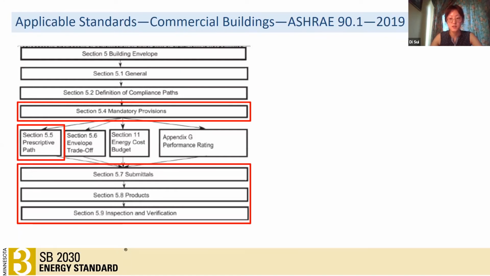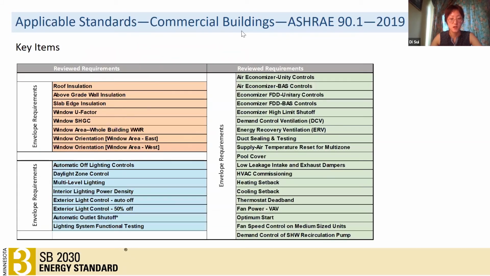The projects are required to follow the prescriptive path, which means that they need to meet all the requirements in the sections circled out in this screenshot. And there are the 0.4 sections, mandatory provisions, 0.5 sections, prescriptive path, and 0.7 through 0.9 sections, the submittal products and inspection and verifications. Next slide.